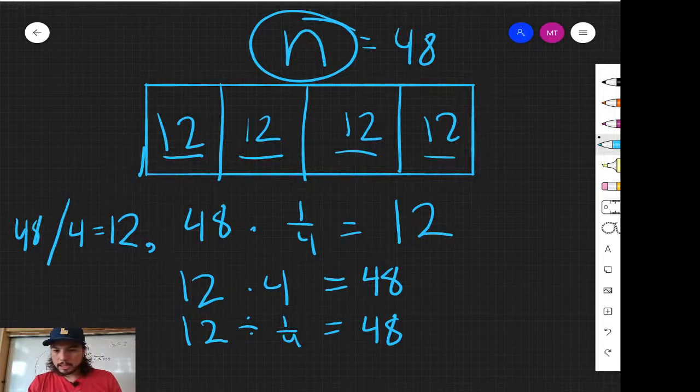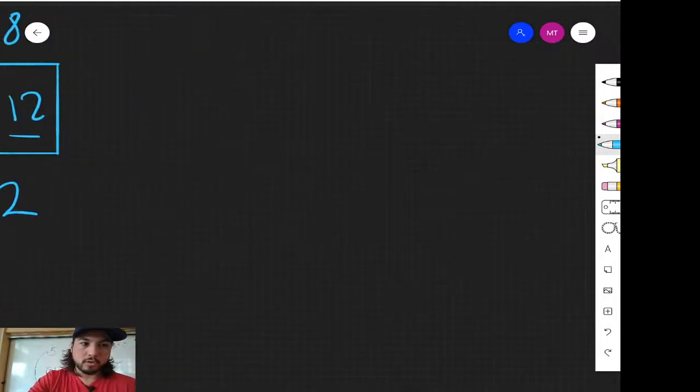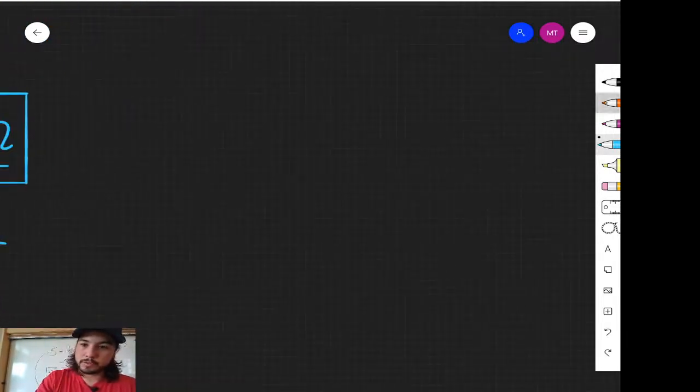All right, let's do one more. Good, people pointing out in the chat, if you solve for n and it ends up being 3, then we're looking at a different model. Okay, let's try one more. I'm just going to leave you with it. Try this one on for size.